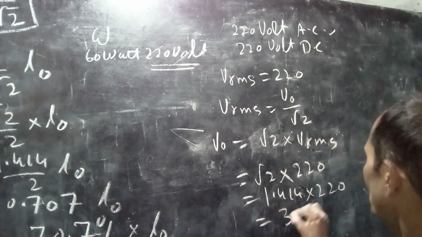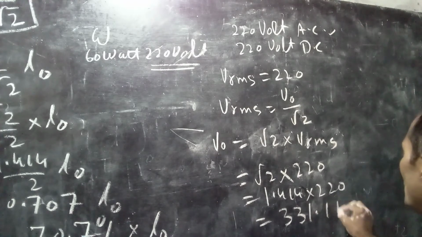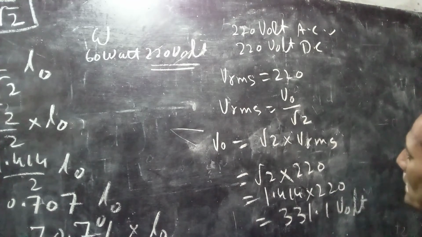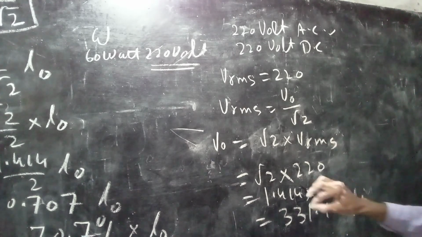So this becomes 311.1 volt. So 220 volt AC means its peak value is 311 volt.